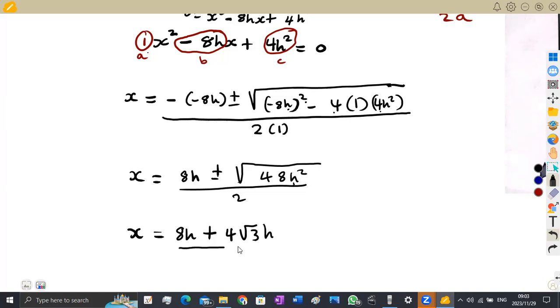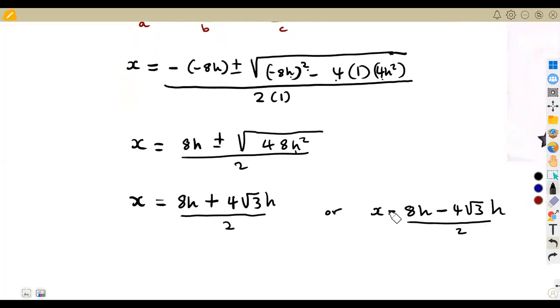And this is everything over 2. Or another x is going to be the same thing, 8h minus this time 4 square root of 3h in this case over 2. Remember, guys, what I told you about having everything in the numerator affected by the same number. It means everything is going to be divided by 2.